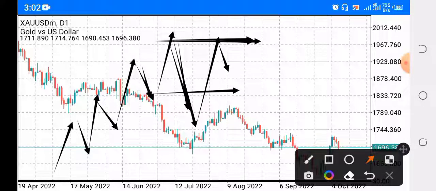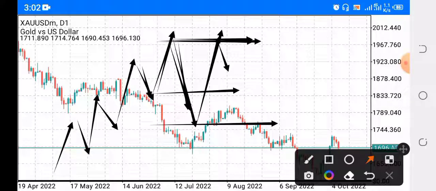What you can see here now is this is the first stop. Failing to break this zone is now making it a double top. Price coming to the same point and returning downward is already forming a double top. Here, what you're waiting for is to see price come back to this zone.